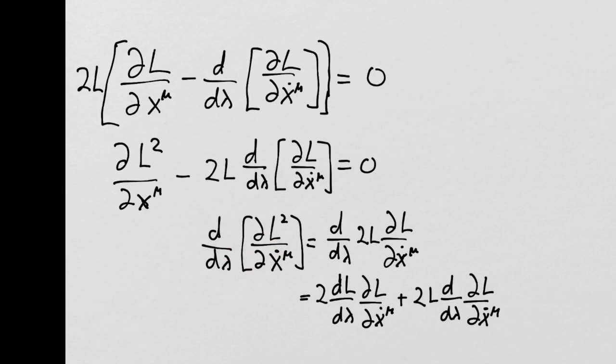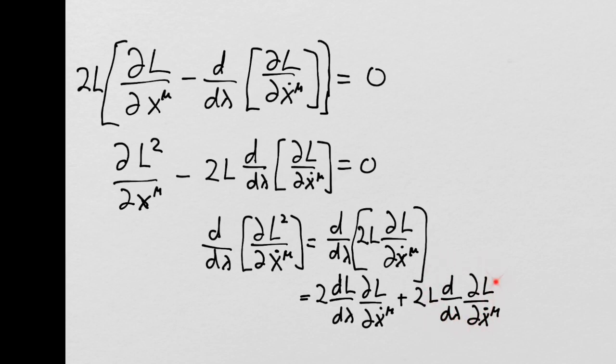You're going to just drive this right through. First of all, this we know, we've already calculated that. This inside is just 2L partial L partial x dot mu from the straight up chain rule, and then this derivative here is acting on everything there, and then that just applies through the standard product rule, and we get the 2 comes out, of course, and you get the derivative with respect to lambda of L multiplied by the second factor plus this first factor multiplied by this derivative with respect to lambda of the second factor.